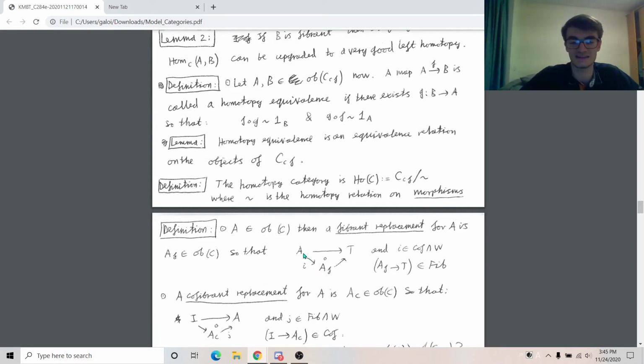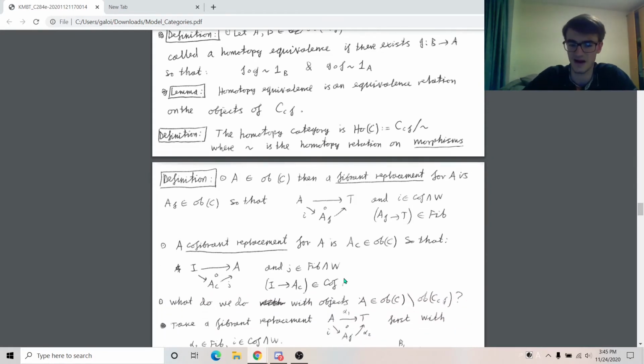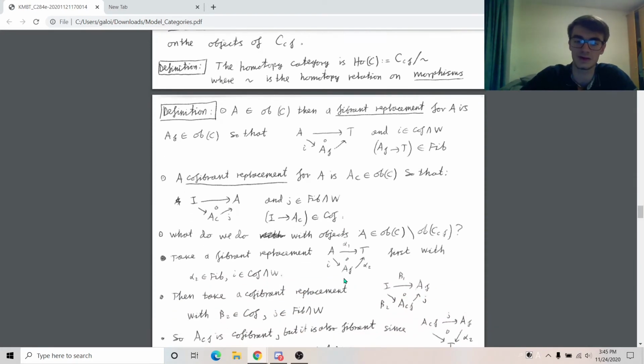So the object A is weakly equivalent to this fibrant replacement, which is very nice. And the cofibrant replacement is defined completely dual to this notion. And the thing is, we can do a fibrant replacement and a cofibrant replacement after that to get a fibrant cofibrant replacement.